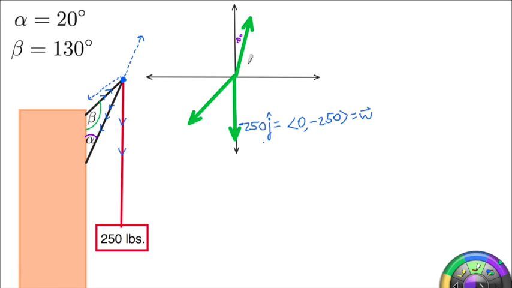That forces this angle on the outside, because we always want to go to the positive x-axis, to be 70 degrees. So we know a little bit about this vector. It has a direction of 70 degrees. If you want to get fancy, it's 20 degrees east of north, but we need the 70.